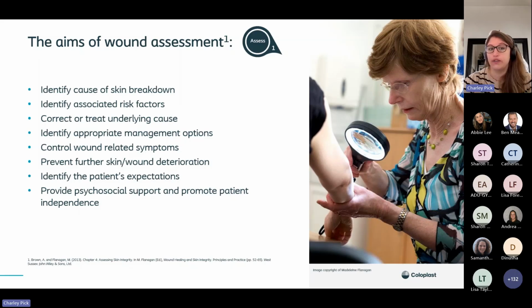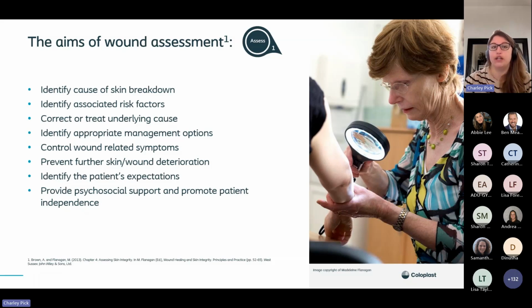You need to identify those associated risk factors, and you will be able to do this when you do your full holistic assessment, looking at your patient's comorbidities, what their nutritional status is like, what their mobility is like. That will really help you to identify those associated risk factors and then help you put in place measures to try and reduce those risk factors. It will help you to correct or treat any underlying cause.